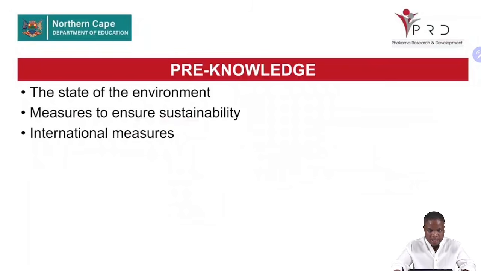Then 14.3 of the examination guideline, you did international measures, right? So here we said, when the environment is deteriorating, or the state of the environment is decreasing, meaning our environment is not as healthy as it should be, it's not only the South African problem. However, it's an international problem, right?